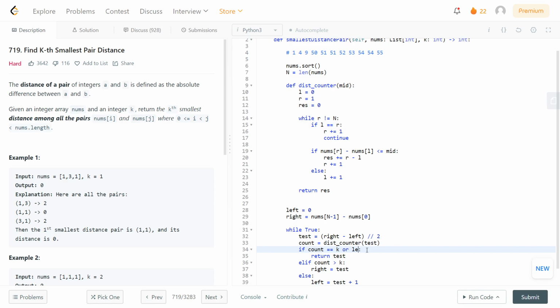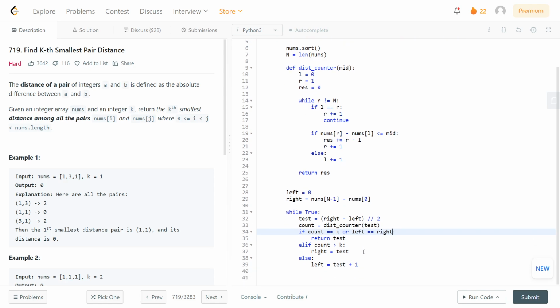Or left is equal to right. We'll check it. But if left is equal to right, then we surely found it.